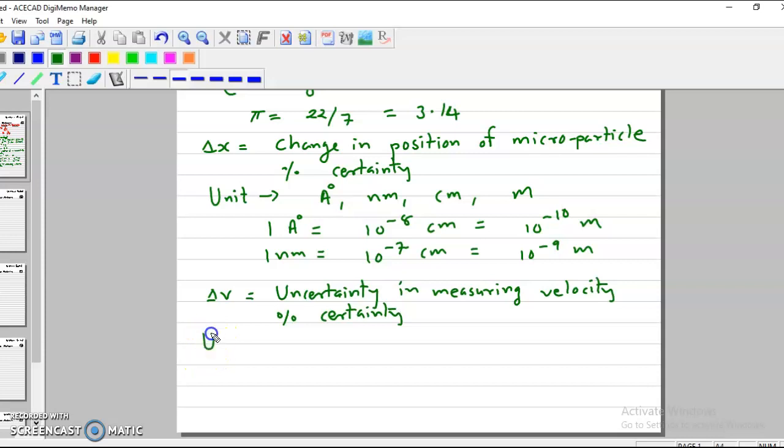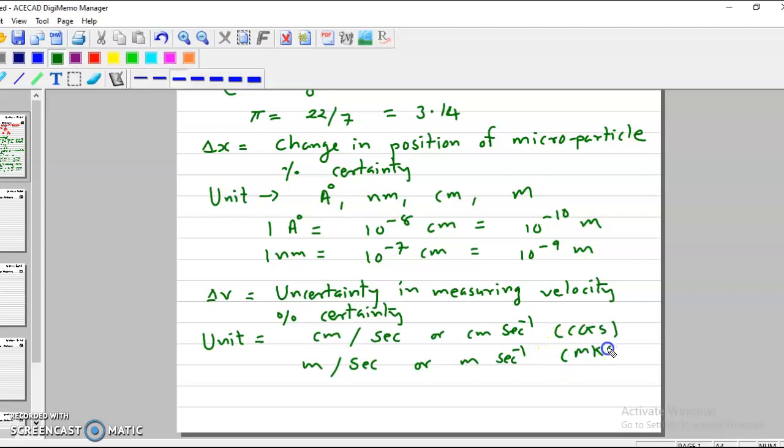Units will be centimeter per second. It can be written like this also, centimeter second inverse. This will be in CGS unit, and meter per second, or we write like this, m sec inverse or s inverse, which will be in MKS unit.